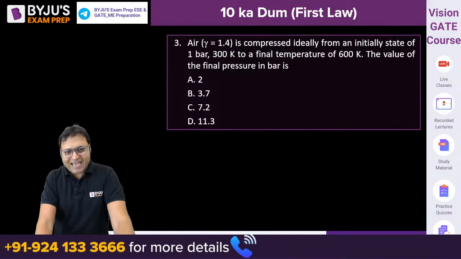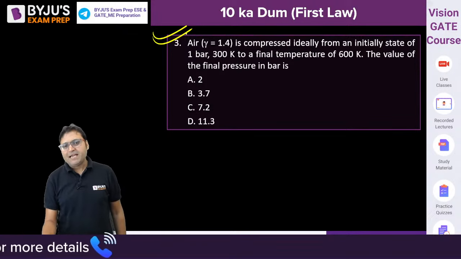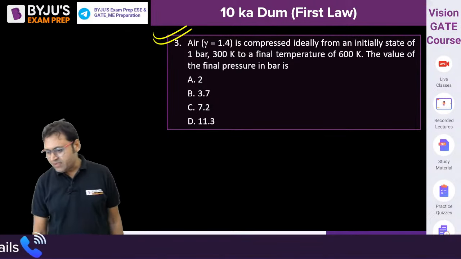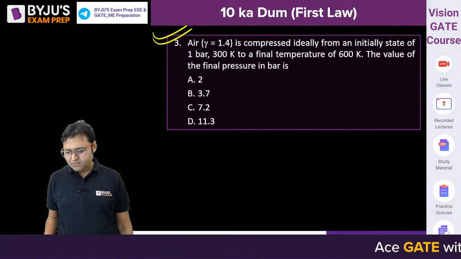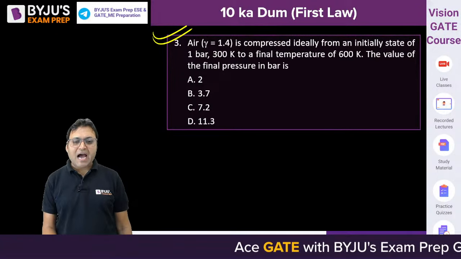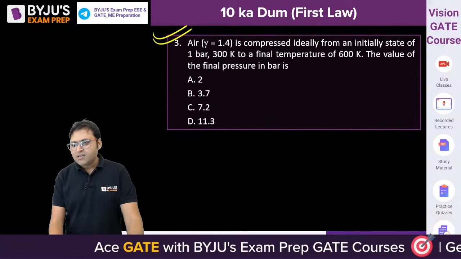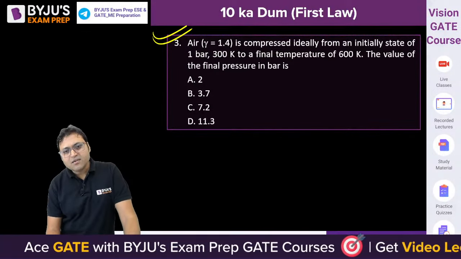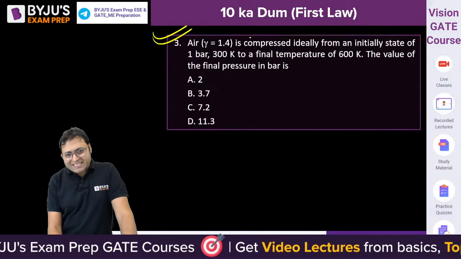Let us move to the next one, question number 3 on your screen. It is very simple. Give it a try. Air which is having the value of gamma, specific heat ratio, or adiabatic index as 1.4, is compressed ideally.